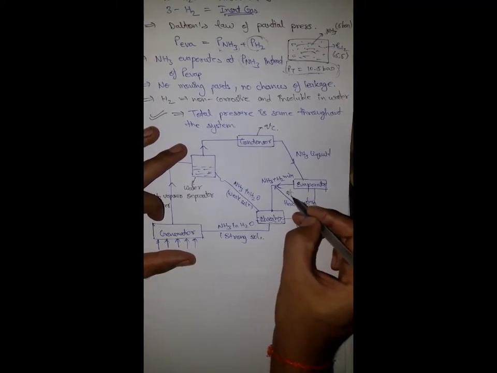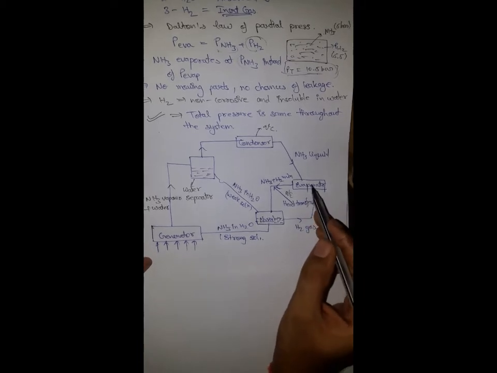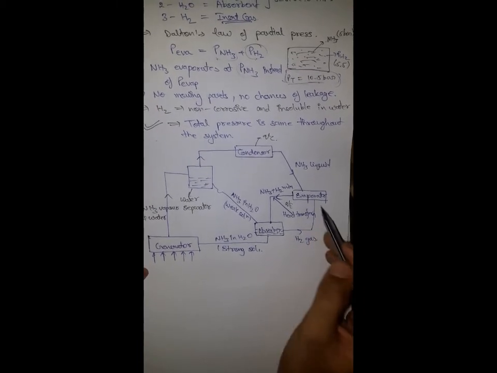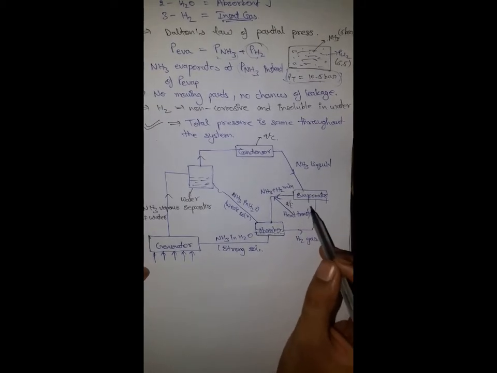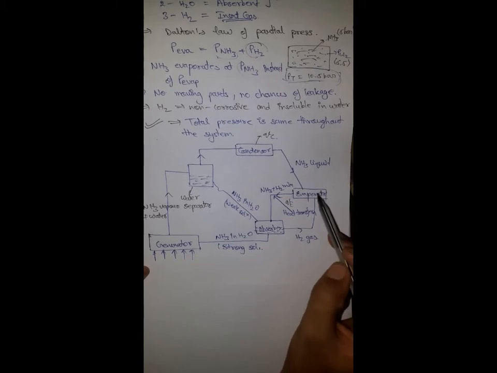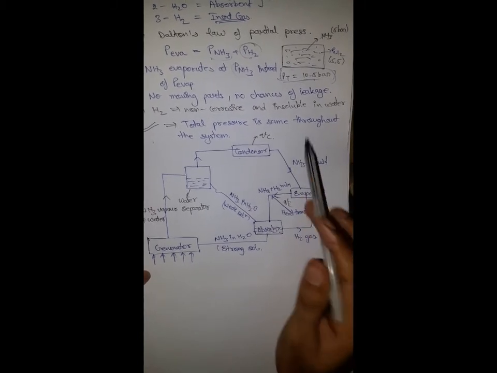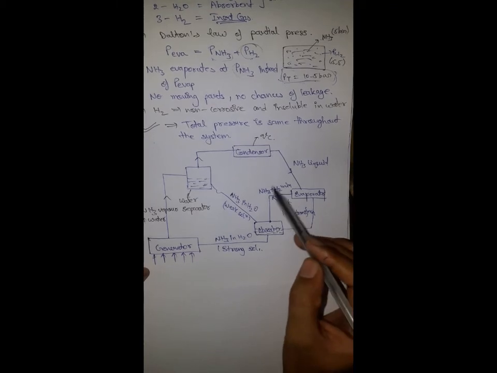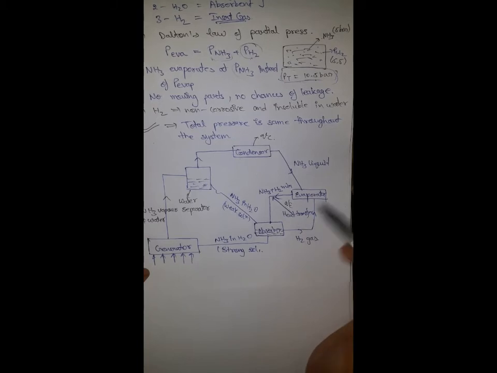Let us say QE amount of heat is absorbed from the substance that is to be cooled. In the evaporator H2 is already present, and what does H2 serve? H2 applies pressure to the walls of the evaporator, and it reduces the partial pressure of the ammonia, and that's why the ammonia is able to evaporate at a lower temperature and lower pressure.